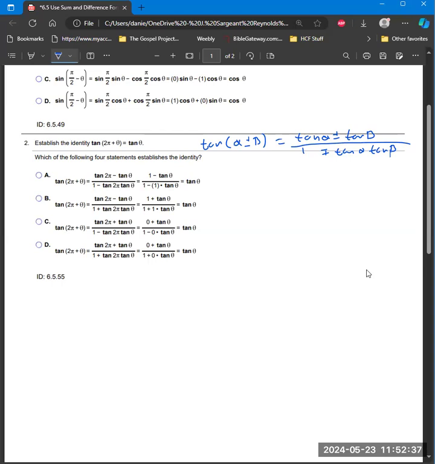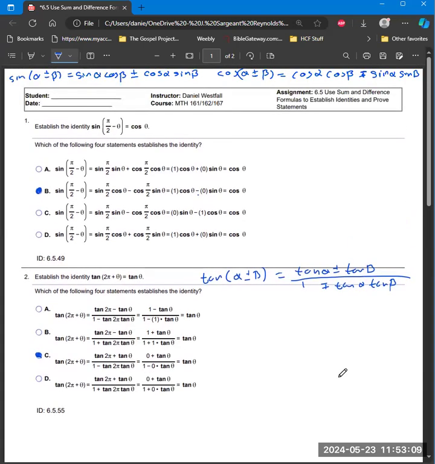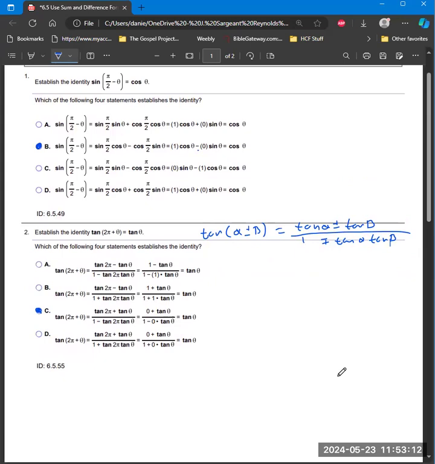So plus in the top, minus in the bottom, that's C. And then tangent of 2 pi is 0. 0 times anything is 0. So I have a big denominator of 1. That's going to be the same thing as tan theta. And that shouldn't surprise us because we've gone 2 full periods of tangent here. We should get back to the same value, since we already know some things about periods and so on.